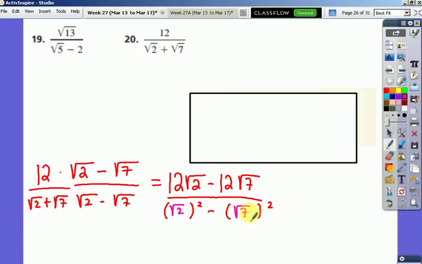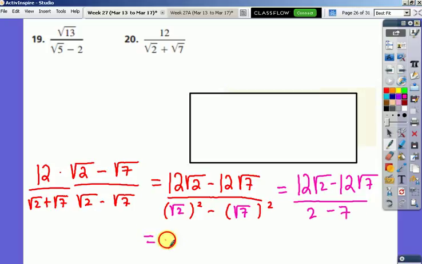Well, remember, squares and square roots cancel out. So in the numerator, I'm left with 12 square root 2 minus 12 square root 7 divided by 2 minus 7. So I have a negative answer. I have negative 12 root 2 minus 12 root 7 all over 5. I just took that negative and put it out.